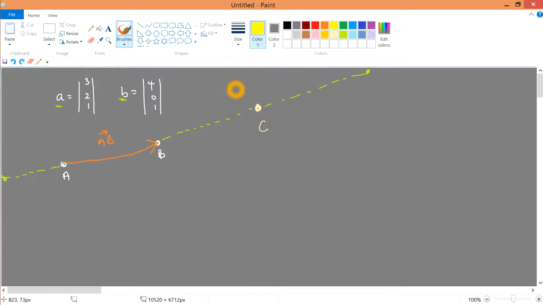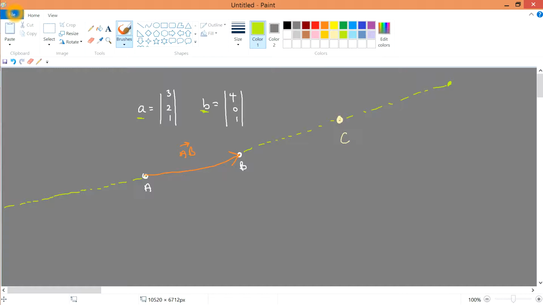Then if we have another point, let's call it D, I'll move the line to somewhere that is pretty wide. So to translate point A into point D, I require another vector.